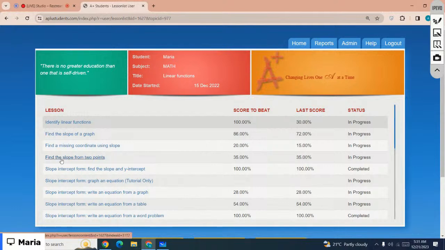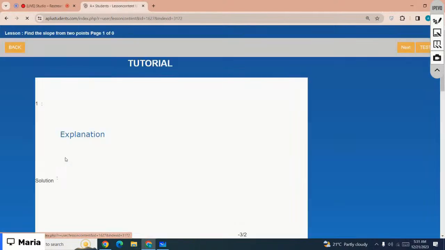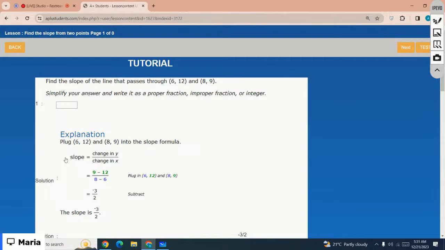Okay, the next lesson is find the slope from 2 points. Now you are given the 2 points, you have to calculate the slope, right? Find the slope of the line that passes through the points 6, 12 and 8, 9. So how do you calculate?